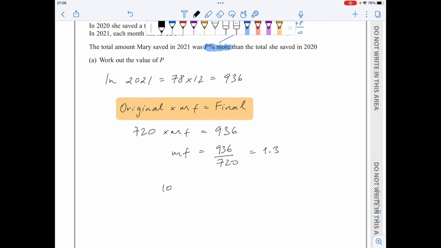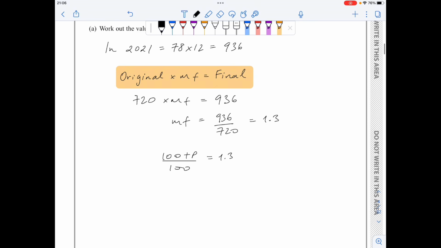Hence, 100 plus p over 100 is 1.3. Let's cross multiply. 100 plus p is 130. So p is equal to 30%.